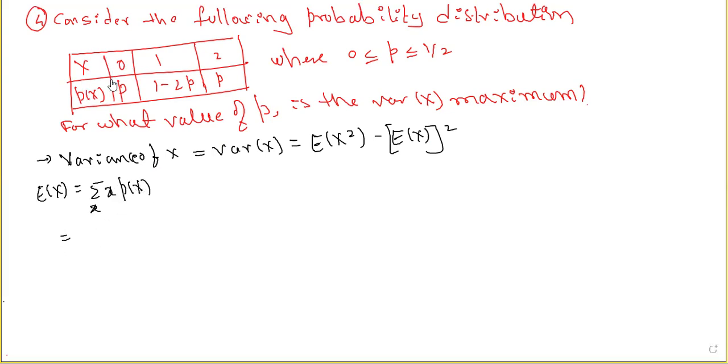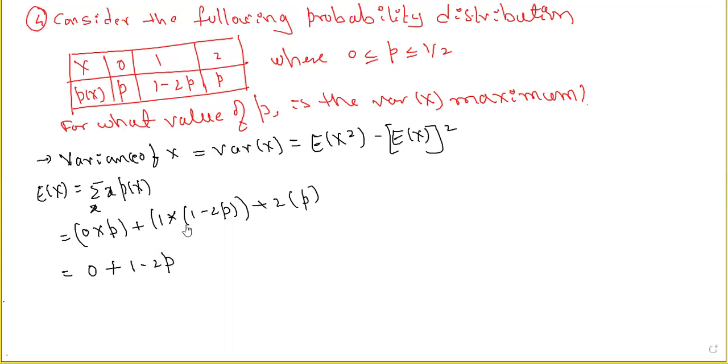So this is nothing but 0 into p plus 1 into 1 minus 2p plus 2 into p. So that will be 1 minus 2p plus 2p. The minus 2p and plus 2p get cancelled. We got expected value of x equal to 1 here.